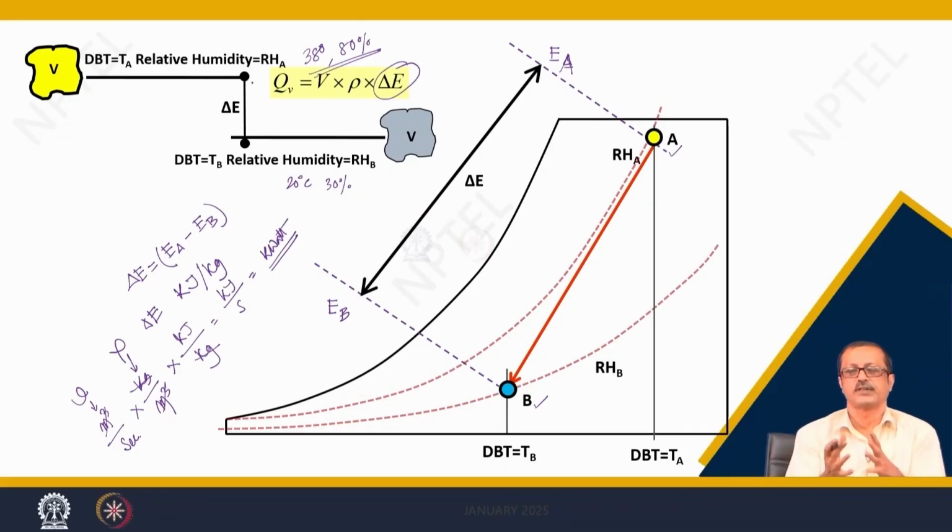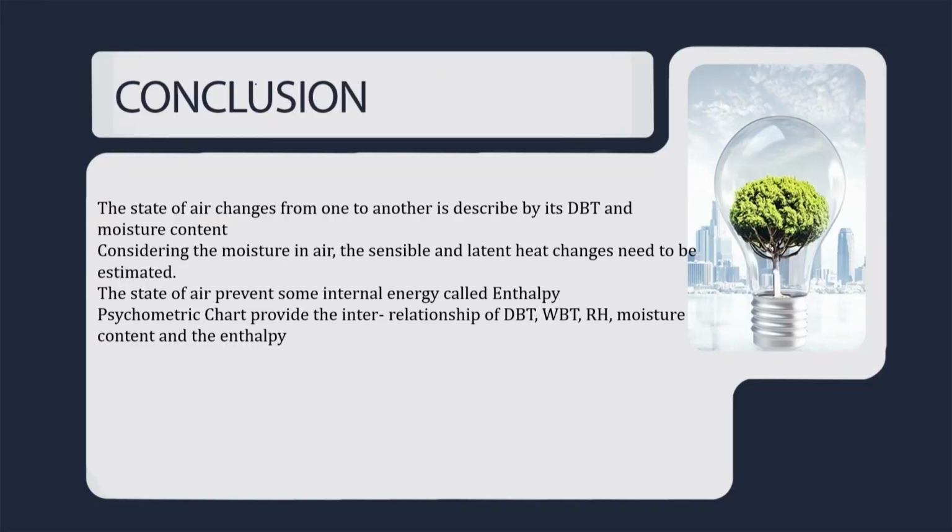So, if I know that, I can find out how much energy is required to cool down some amount of air from one state to the other by virtue of the psychometric operation. So, that ends the lecture of this module today.